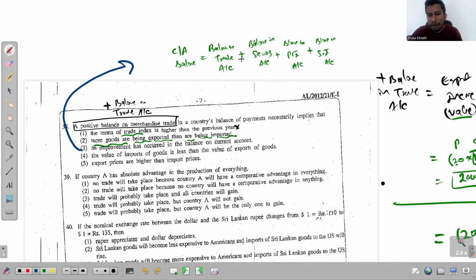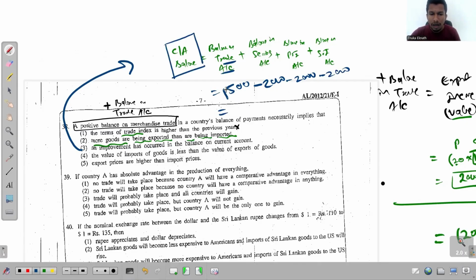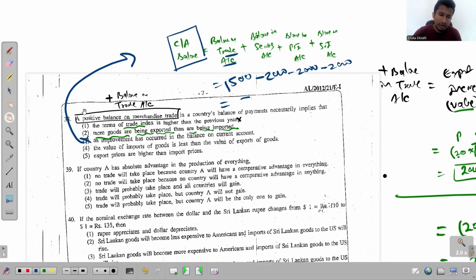And simply because you have a favorable balance in this trade account, imagine that this is just plus 1500 like in our previous example. Plus what if the balance in the trade account is minus 2000, and this is minus 2000, and this is once again minus 2000? Then what will happen? Then the overall balance you receive for the current account will be again minus. This is not always true.